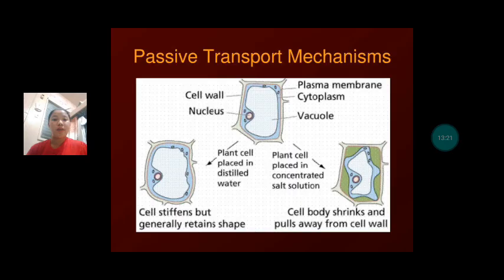When we say stiffen, it means it becomes stronger or harder. And when the plant cell is placed in a concentrated salt solution, the cell body shrinks and pulls away from the cell wall. It will shrink and then pull away from the cell wall, so it detaches from the cell wall.